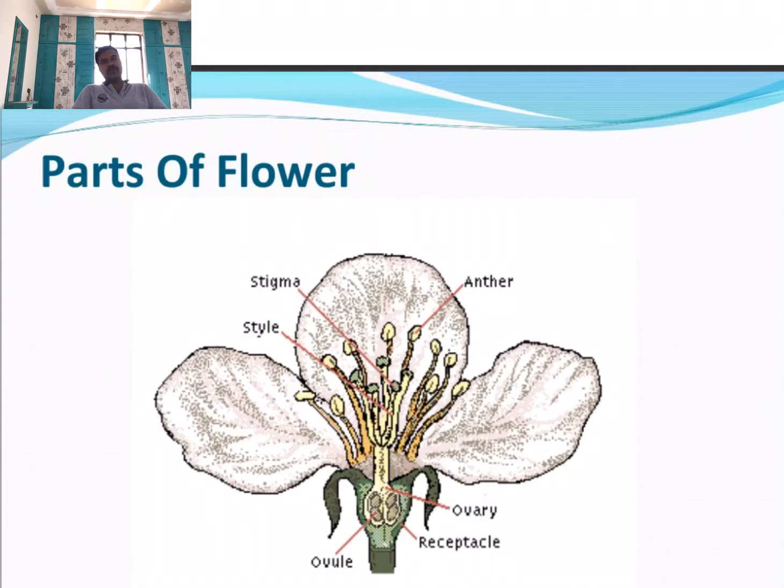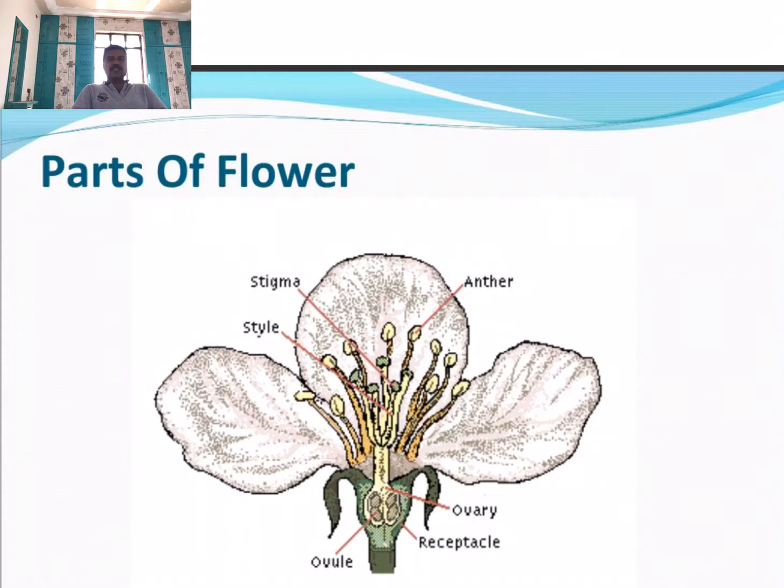Androecium and gynoecium participate directly in reproduction, so they are also called reproductive organs. The androecium is the male sex organ and the gynoecium is the female sex organ.